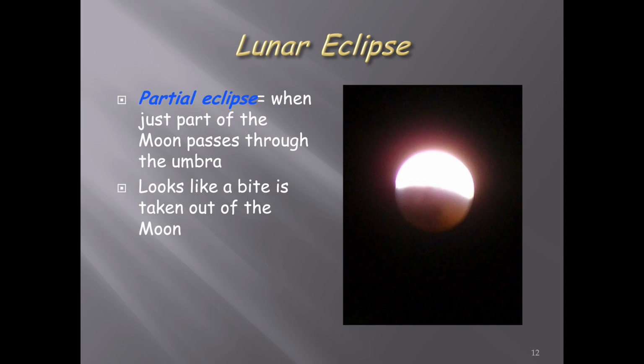But here we see again a partial eclipse. This lower area that's much darker, that's in the umbra of the Earth's shadow. And then this other area, which is less dark or less shaded, or more illuminated perhaps you could say, that's going to be passing through the Earth's penumbra, or that larger area shadow that's not as dark.